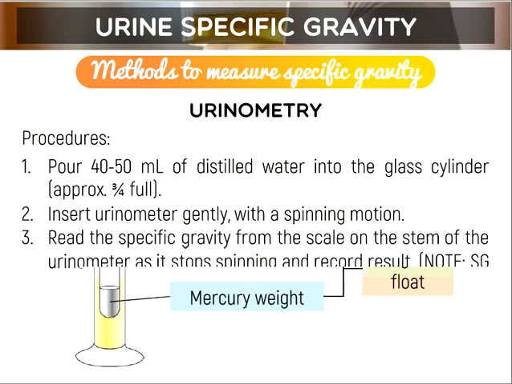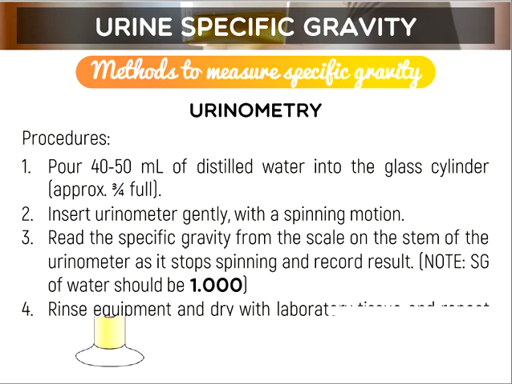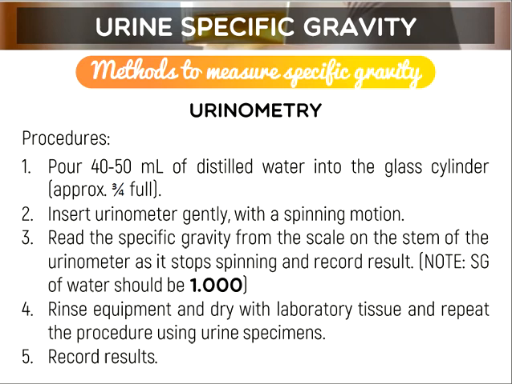Okay, so its procedure: pour 40 to 50 ml of distilled water into the glass cylinder. Insert the urinometer gently with a spinning motion.